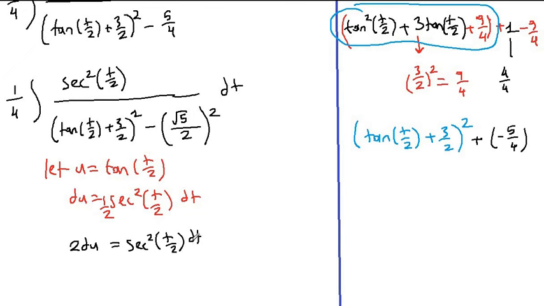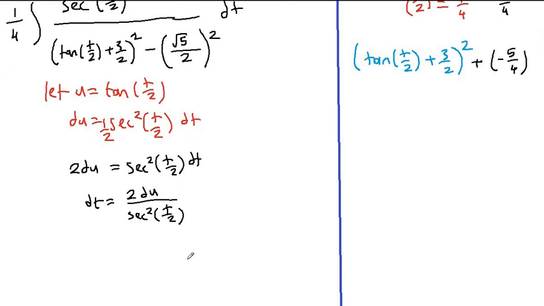And if you solve for dt here, because we're going to replace it, dt is equal to 2 du divided by secant squared of t over 2. Now let's replace everything in terms of u. We have 1/4 in front of the integral sign.